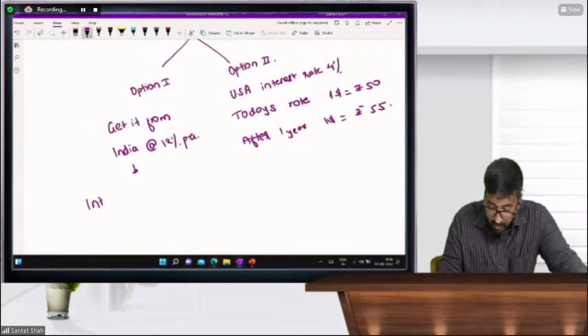So the interest amount I can calculate here. It's 12,000.